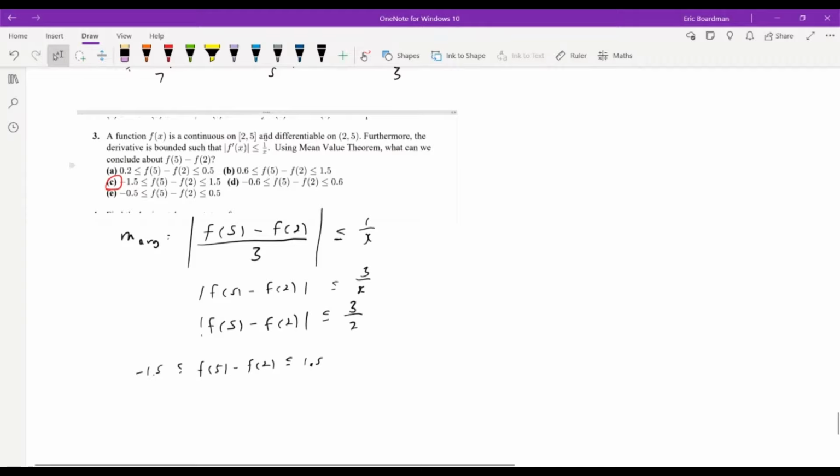Since the interval is 2 and 5, and it must be less than 1 over x, 1 over 2 is bigger than 1 over 5, so you choose that. Yeah, that too.